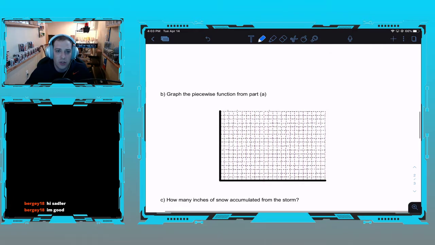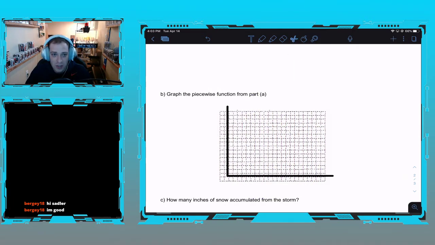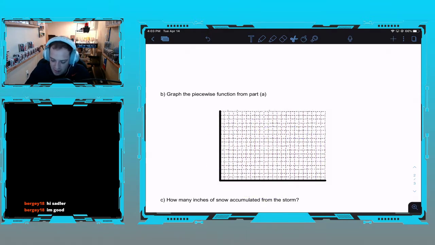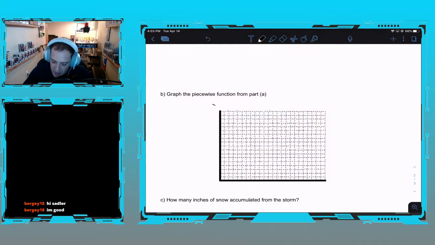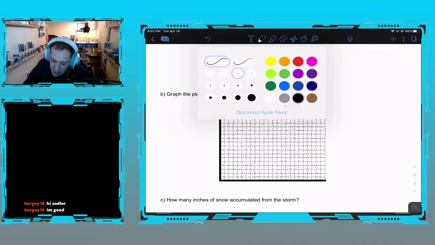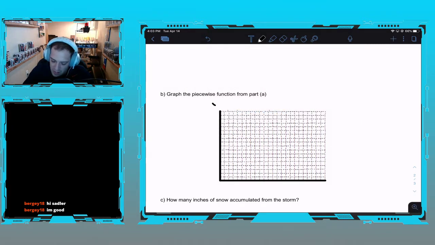So on your graphs, you probably do not have these lines right here. I drew in the X and Y axis. So I'm just going to ask you guys to draw that in. And we have to represent 2 things. We got the Y's and we have the X's.